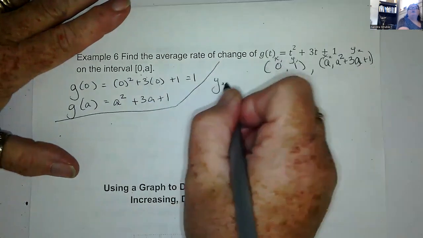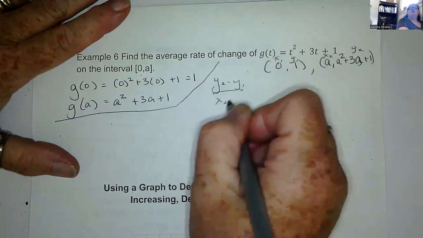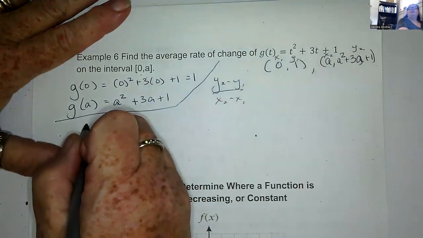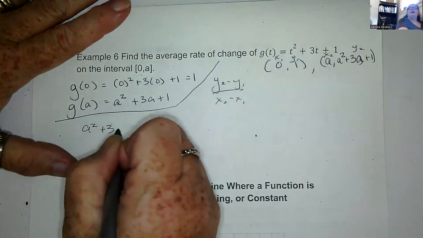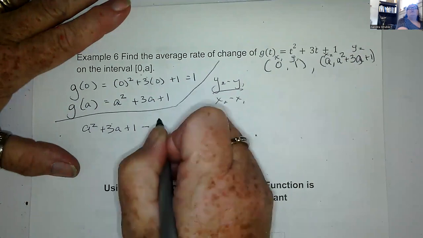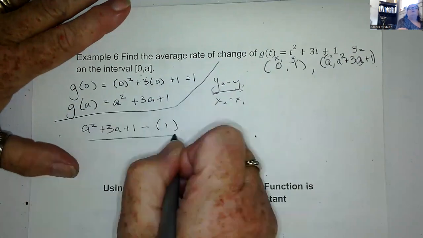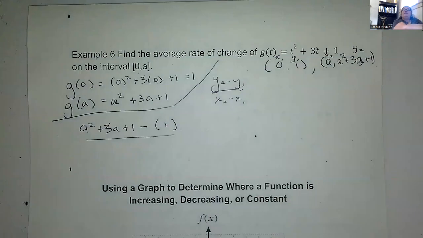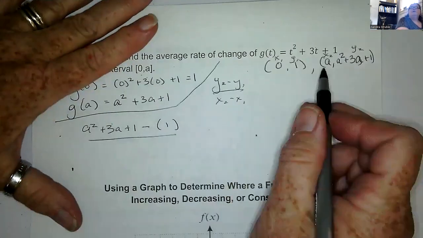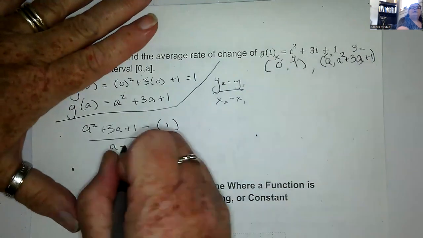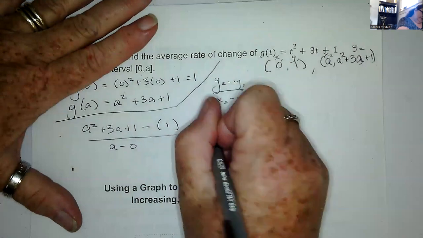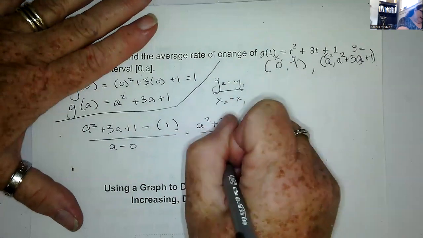So I'll go y sub 2 minus y sub 1 over x sub 2 minus x sub 1. Y sub 2 is a squared plus 3a plus 1, and then minus y sub 1, which is 1. I separated that with parentheses just so that you can see that y sub 1 is being represented. You didn't have to do that. And then x sub 2 is a minus x sub 1, which is 0. So that is a squared plus 3a over a.